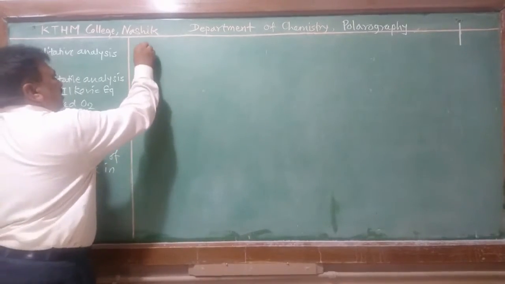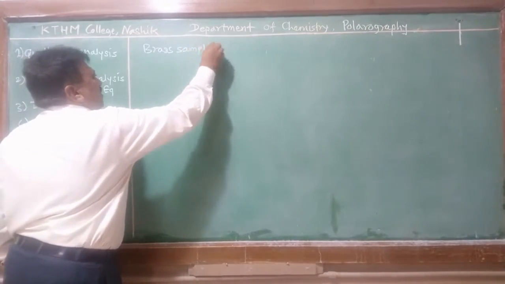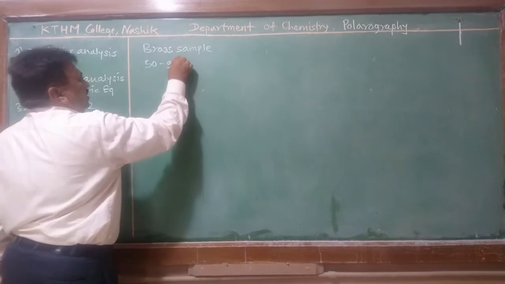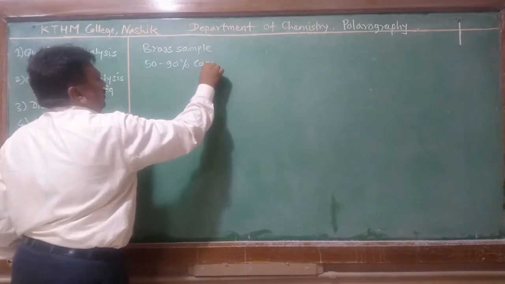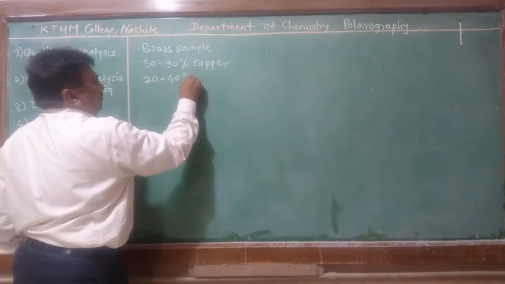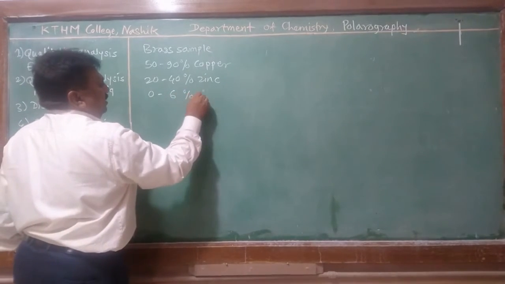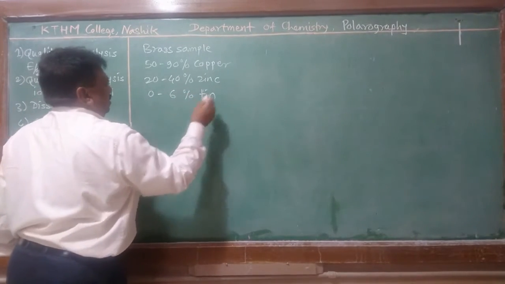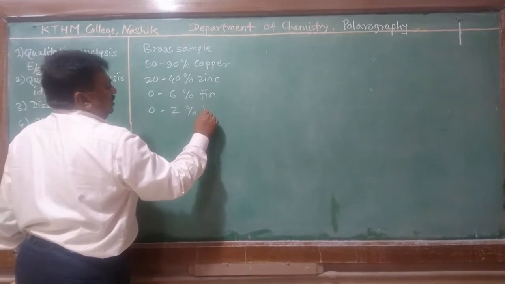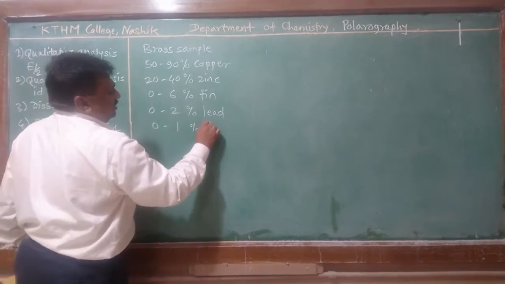Initially, a brass sample consists of 50 to 90% copper, then 20 to 40% zinc, about 0 to 6% tin, then 0 to 2% lead, and 0 to 1% iron.